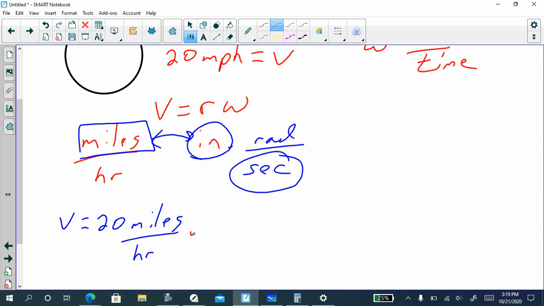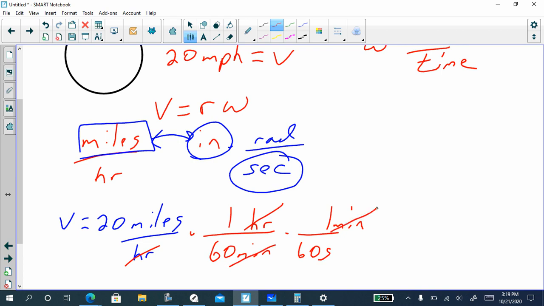So let's do the seconds first. Don't necessarily know exactly how to go from hours to seconds always, but we know in 1 hour there are 60 minutes. And then we know that in 1 minute there are 60 seconds. Remember, we put the same units diagonally from each other, so they reduce. So that gets us down to miles per second.